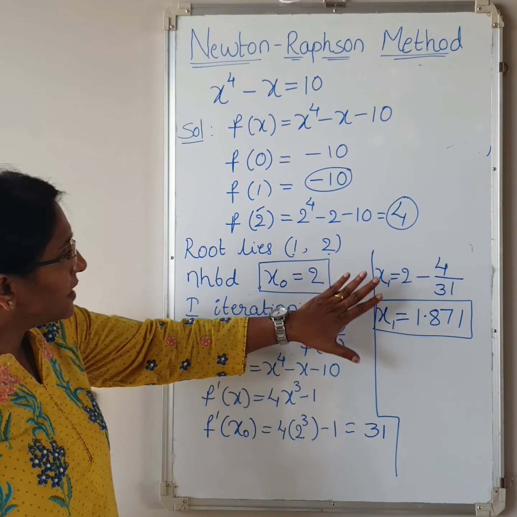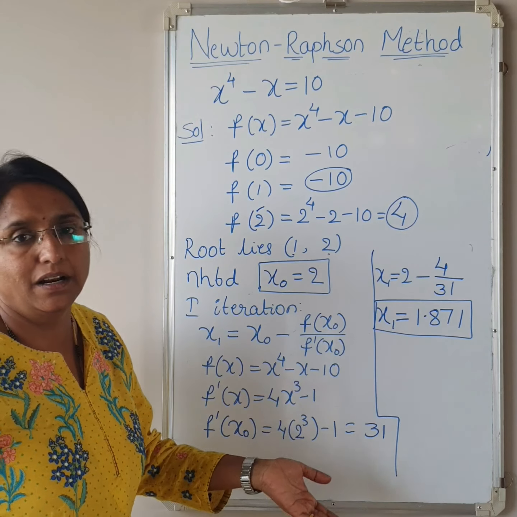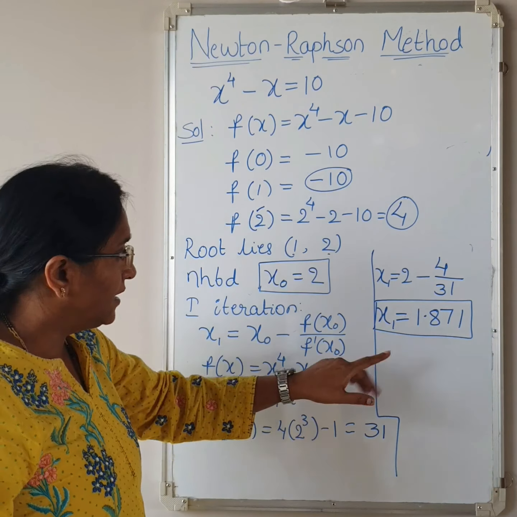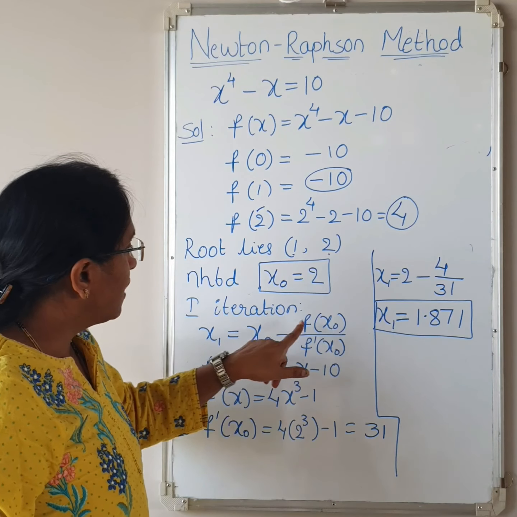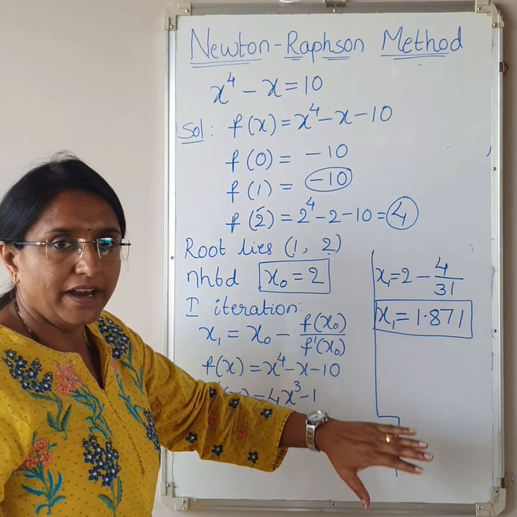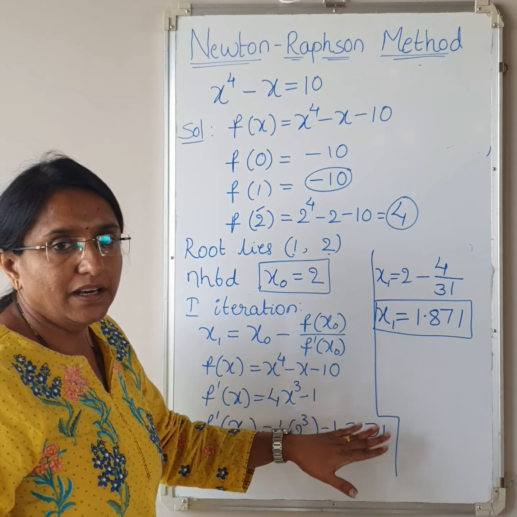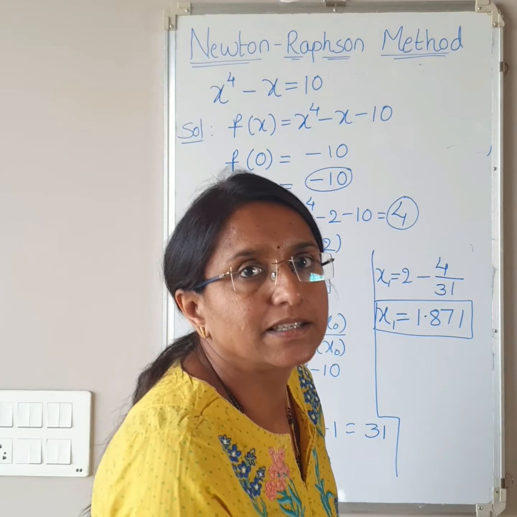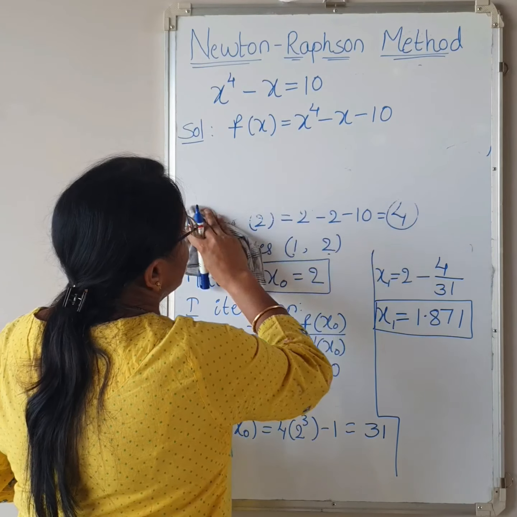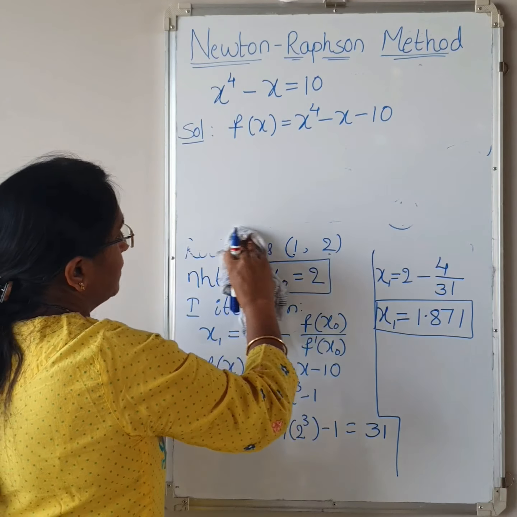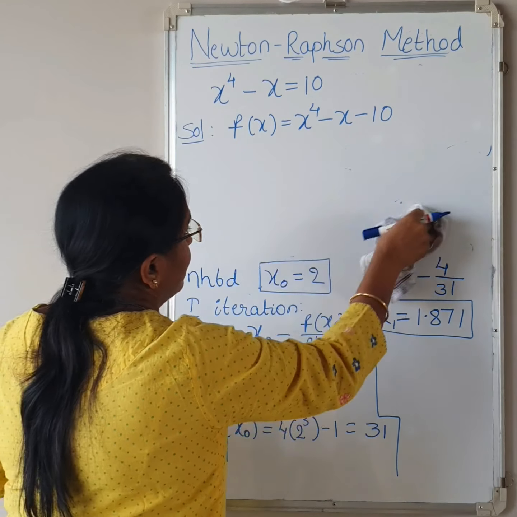Next, the same procedure is repeated in the second iteration. That is, we have to find f(x1), then f dash x1, then substitute in the equation. Now let us take the second iteration. Interval is not required.